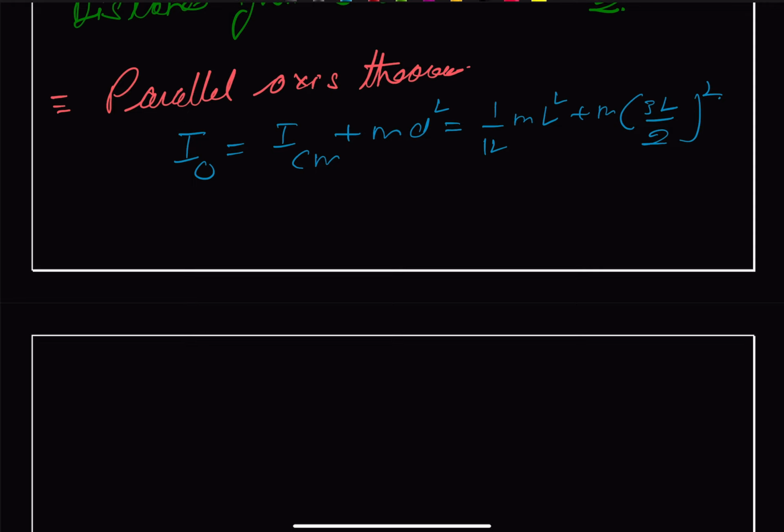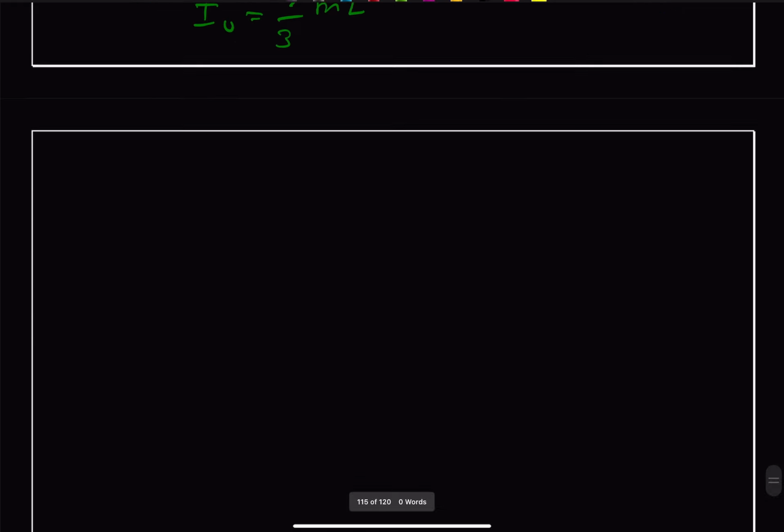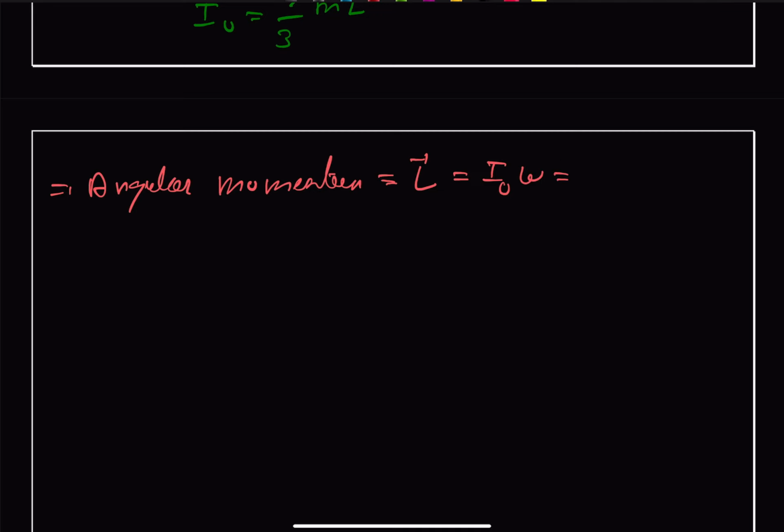And we get this IO is equal to 7/3 ml square. Therefore, angular momentum, which is our L, will be equal to our I naught multiplied by omega, and this comes as 7 omega m L square upon 3.